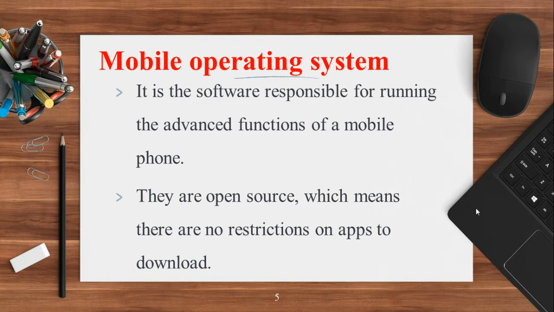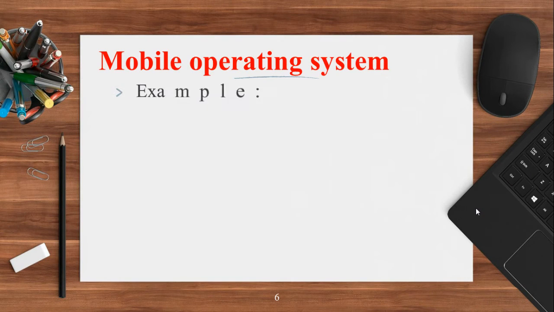So like that in your mobile phones, according to the operating system, you can install any category, any type of mobile applications. There is no restriction on apps. That is why we go for mobile operating system. So now I'm going to tell you examples for mobile operating system.